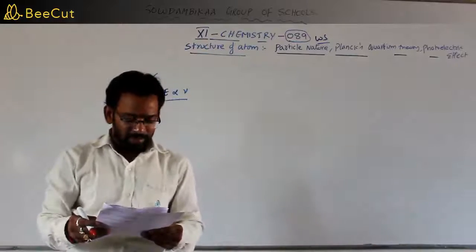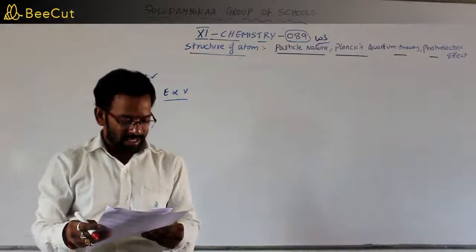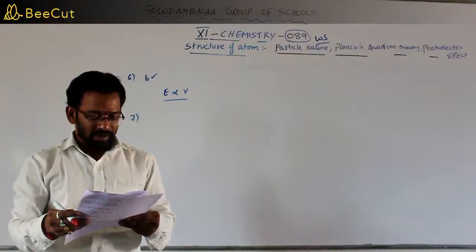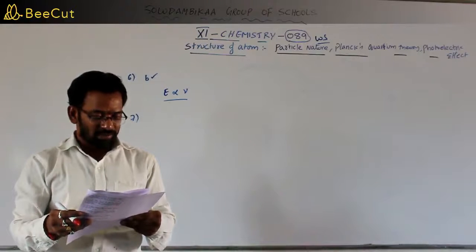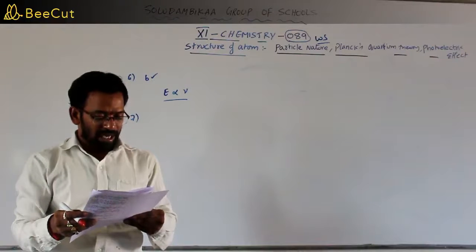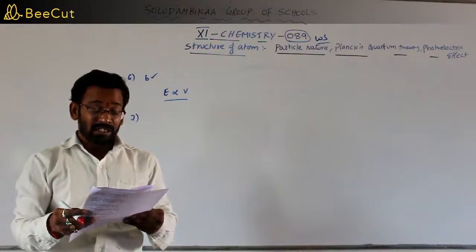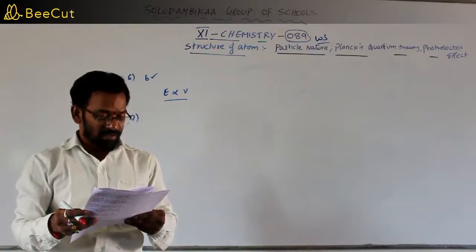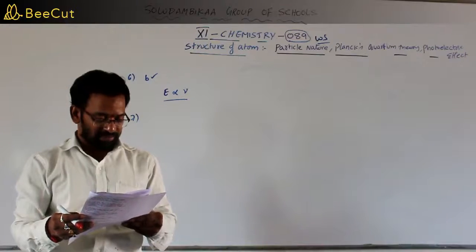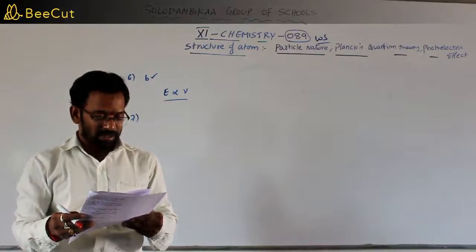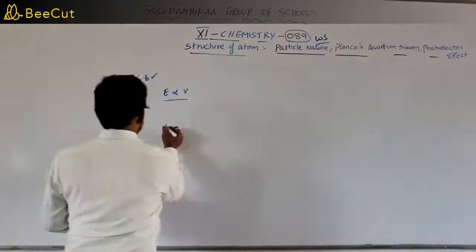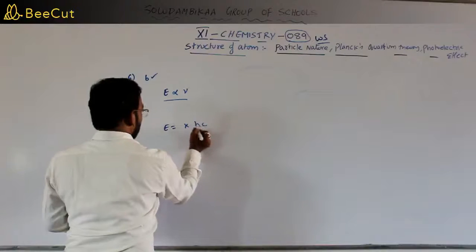Now question number 7. The eyes of certain members of the reptile family pass a single visual signal to the brain when the visual receptors are struck by photons of wavelength 662.2 nanometer. If a total energy of 3.0 into 10 to the power minus 14 joules is required to trap the signal, what is the minimum number of photons that must strike the receptor? Here the question is based on E is equal to x into hc by lambda.